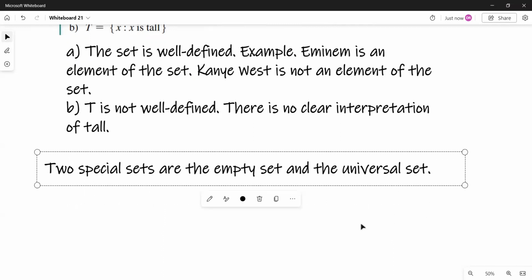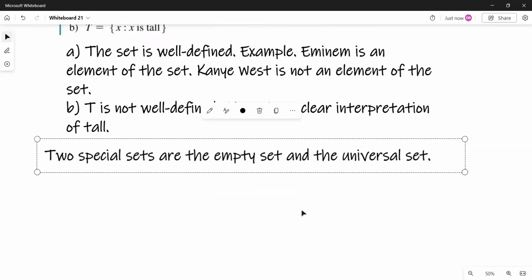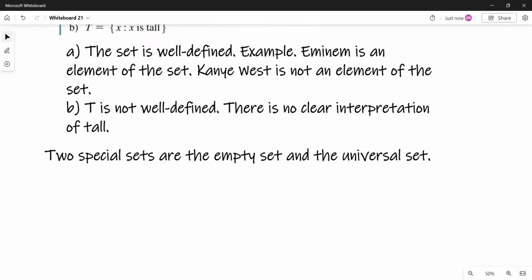So we're doing first the empty set. And the empty set is the set that is empty, or that contains no elements.